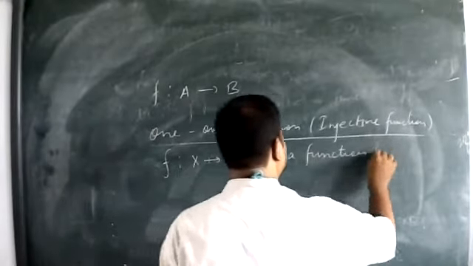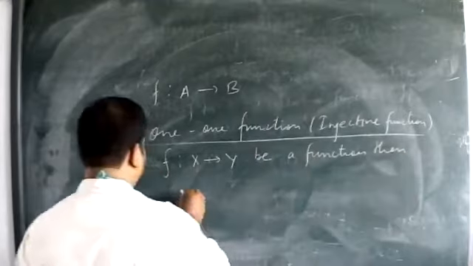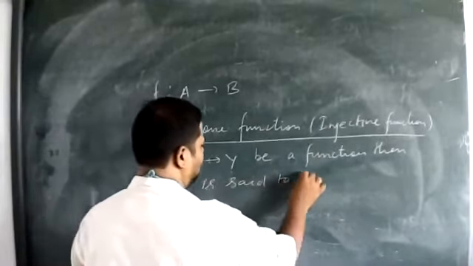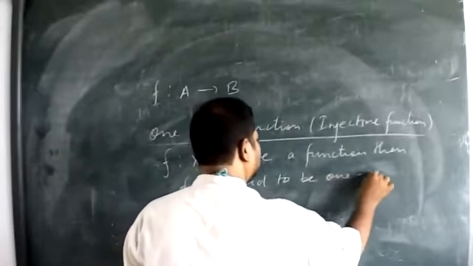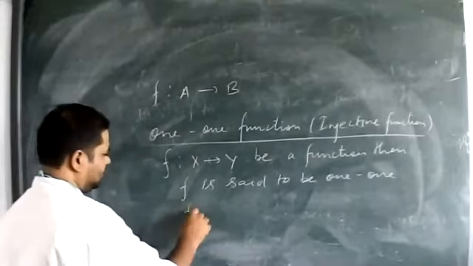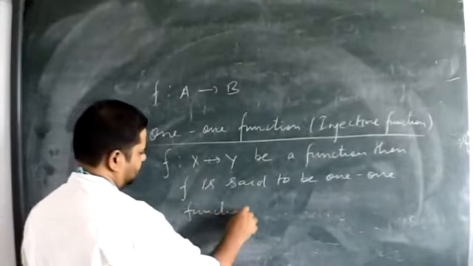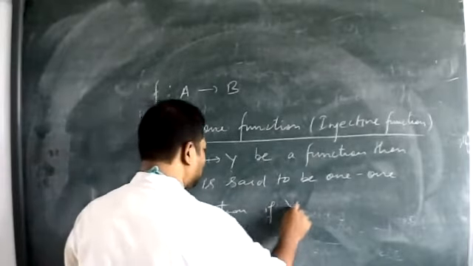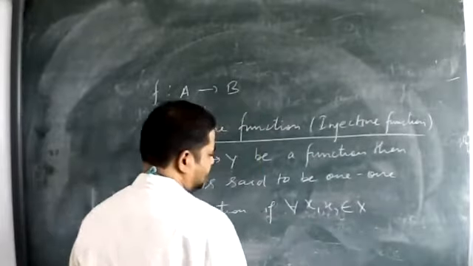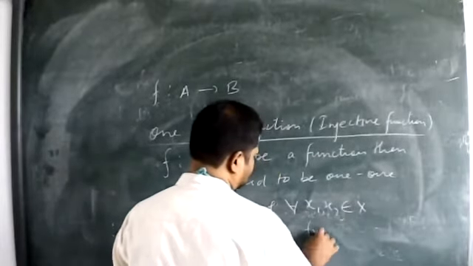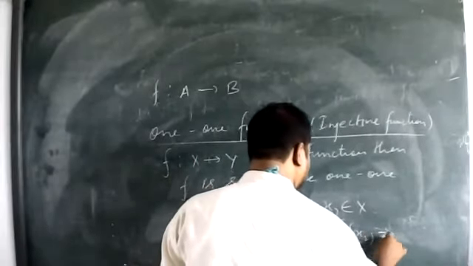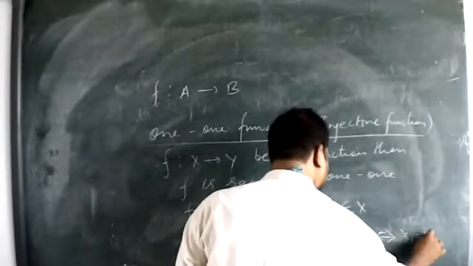Then f is said to be one-one function if for each x1, x2 belongs to x, fx1 is equal to fx2 if and only if x1 is equal to x2.